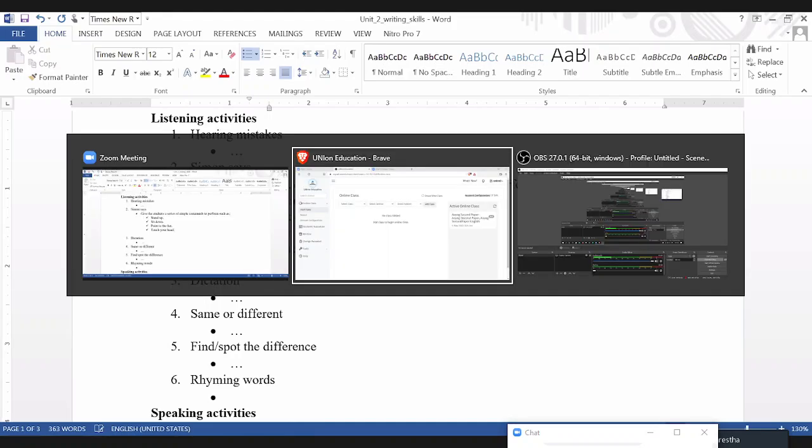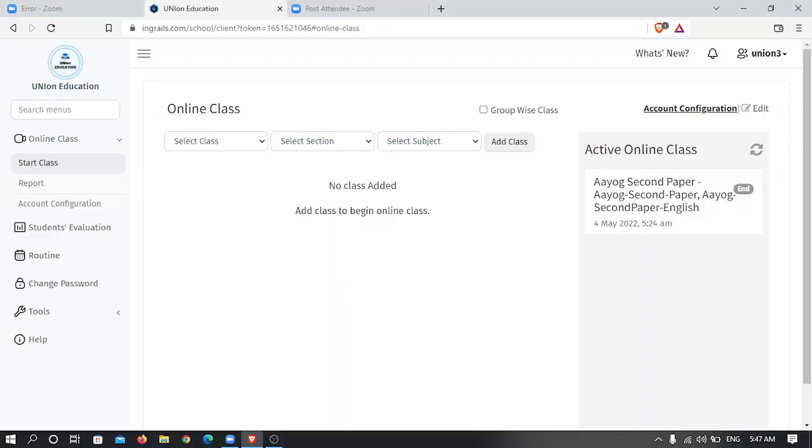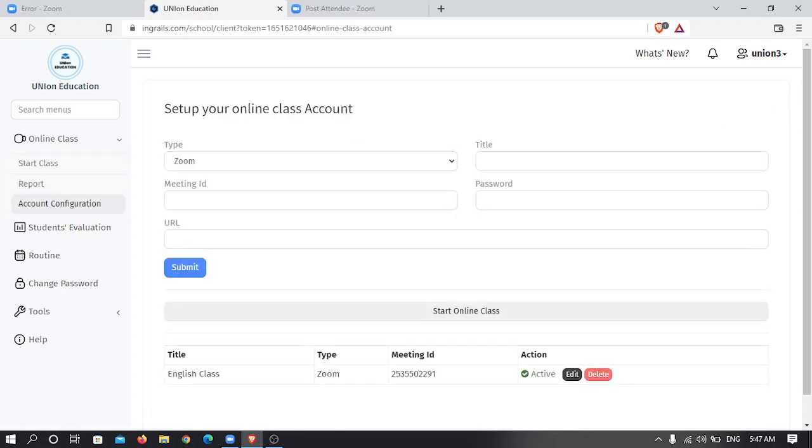These are simple commands. A series of stand up, sit down, point to the fan, touch your head, touch your nose, open your book. In this way, the teacher provides a series of commands to the students, and students have to perform.